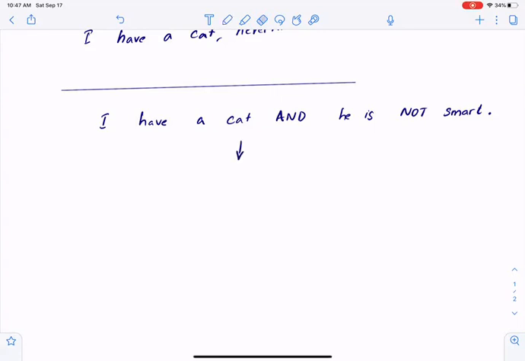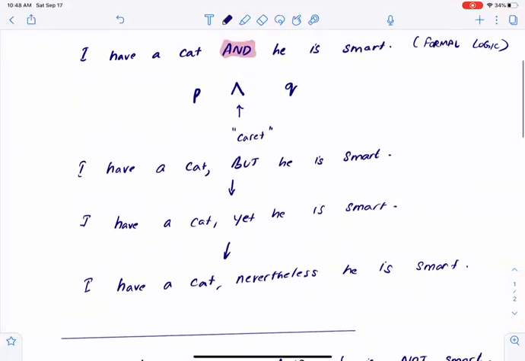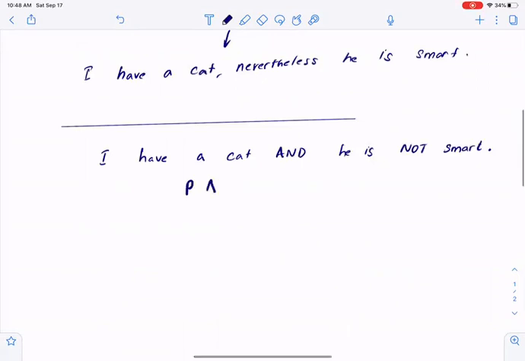In terms of notation, I'm going to go back to the previous example. I have a cat, P, and upside down V. He is not smart, so I have simply negated the previous statement I had. I had Q, I'm going to write it as not Q.